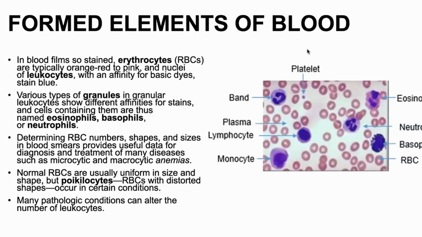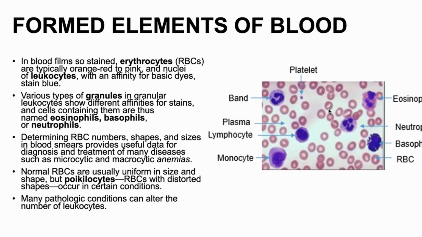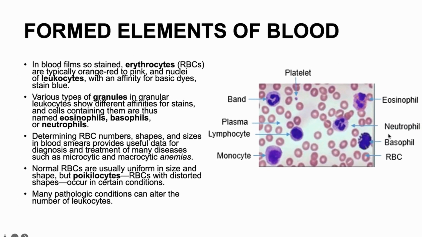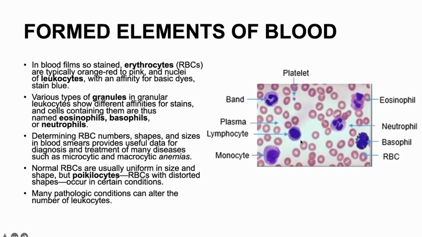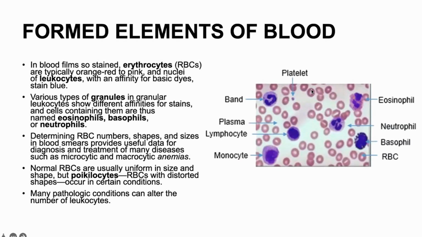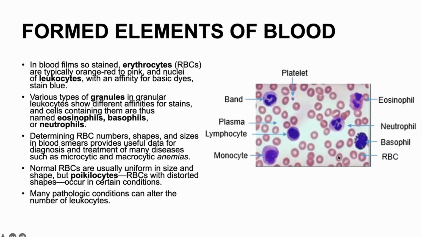So as you know, for the formed elements of the blood, you expect different types of cells. You expect cell fragments, you expect protein, and you expect what? You expect the erythrocytes, which are the red blood cells, which should be somewhere here, anywhere. You can see these red ones, erythrocytes. They are typically orange to pink.